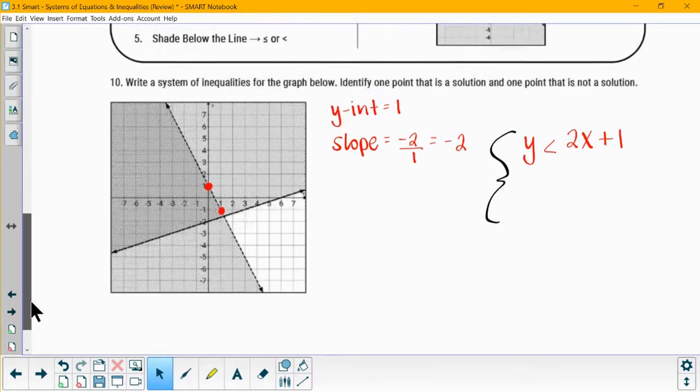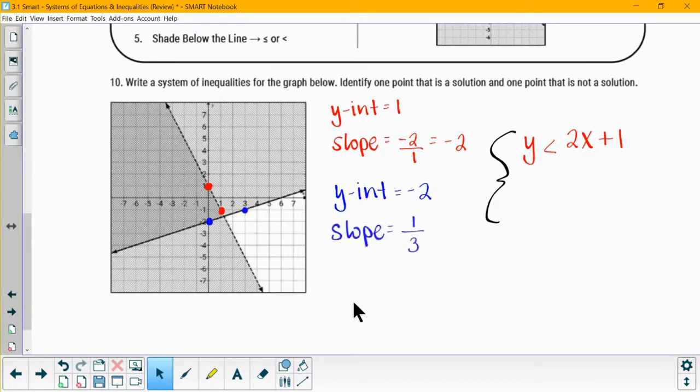Now for my second equation, I'm going to again identify my y-intercept. My y-intercept is -2. I'm going to identify another pretty point, and my rise is 1, my run is 3, so my slope is going to be 1/3.